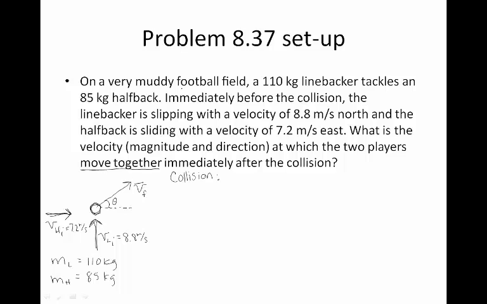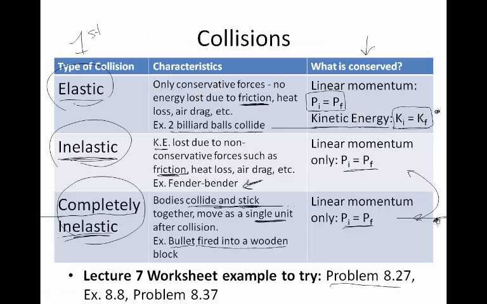Okay, so they stick together, they move as a unit. That means this is a completely inelastic collision. If you want to go back and reference the last slide to make sure you understand that, please do so. So, I will actually go back. A completely inelastic collision says only linear momentum is conserved. So that's the only equation we get to use.